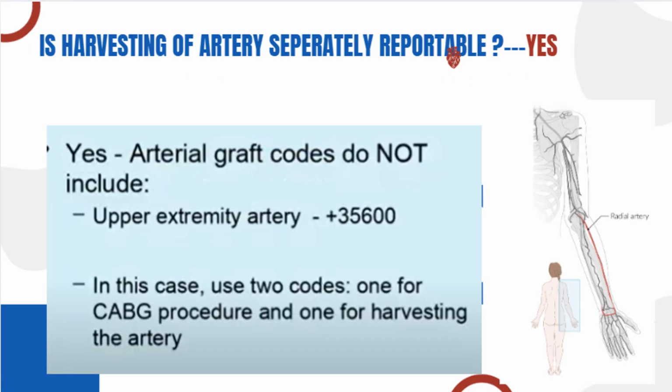So is harvesting of arteries separately reportable? Yes, in some instances we have to separately report it, and when will we separately report? When the arterial graft is from the upper extremity artery, and for that we will code 35600. So in this case, we will use two codes, one for the CABG procedure and one for the harvesting of the artery.